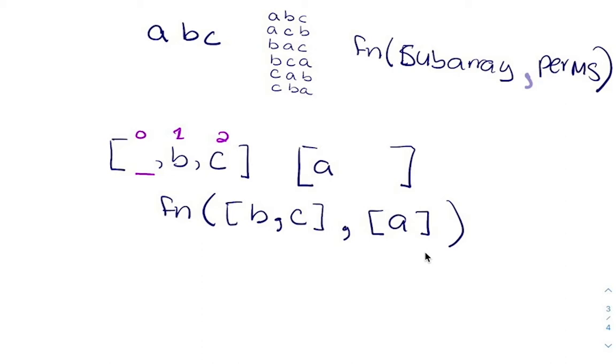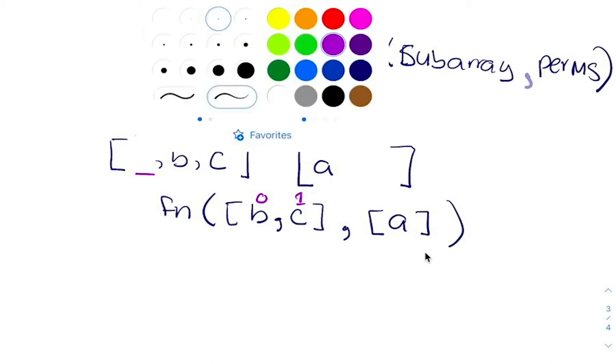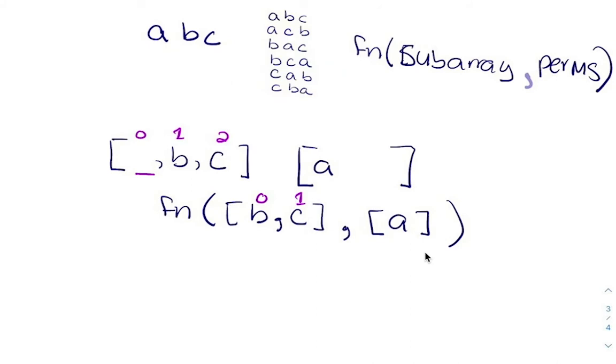And now we're going to look at this and say, okay, well, we need to iterate over this subarray, right? So we need to iterate over these elements right here. And when we iterate over them, we're going to remove the element that we're currently iterating over, and we're going to place it inside of this permutations array over here. So on the right-hand side, let's start off with I currently equal to 0, right?